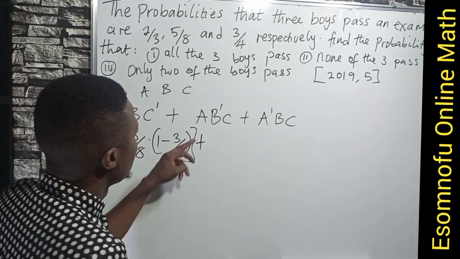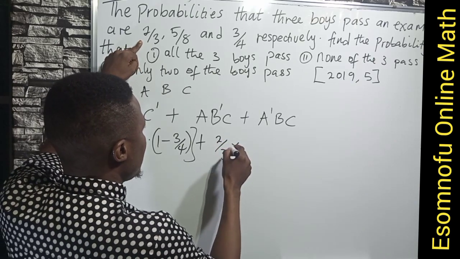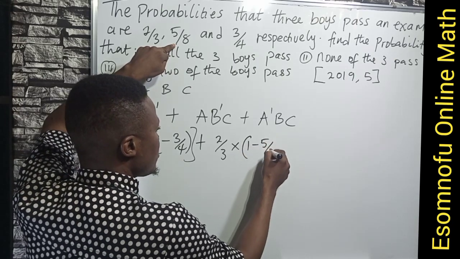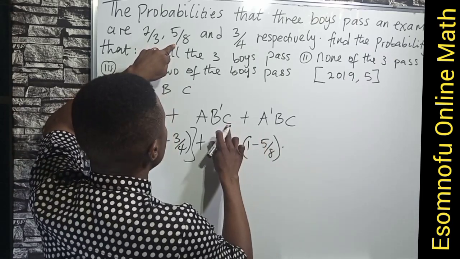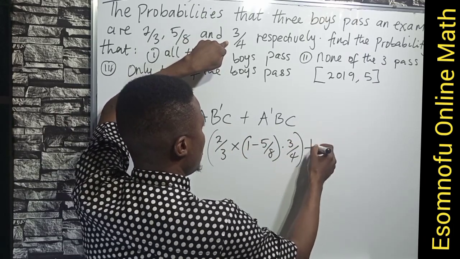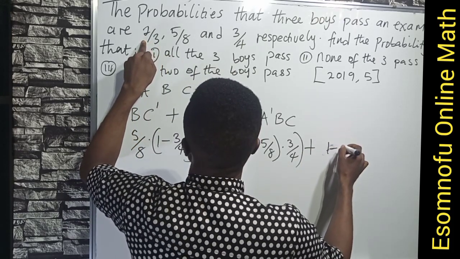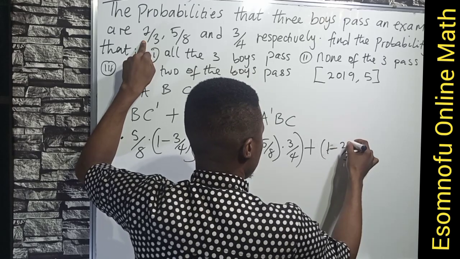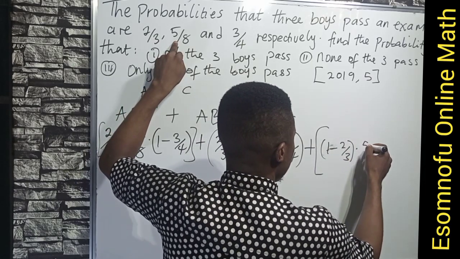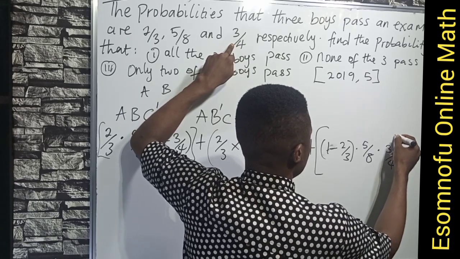or A, probability of A here is 2 over 3 multiplied by probability of B prime, 1 minus probability of B, 1 minus 5 over 8 times probability of C, which is 3 all over 4. Or A prime means that A is failing, which is 1 minus 2 over 3 multiplying probability of B, which is 5 over 8, multiplying probability of C, which is 3 all over 4.